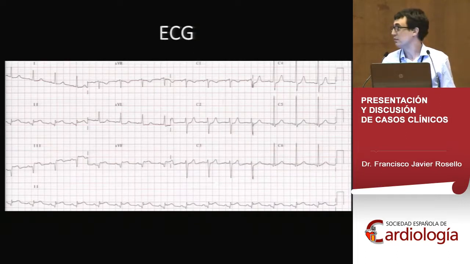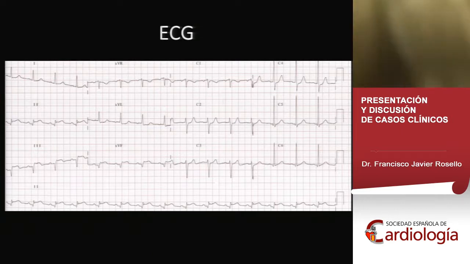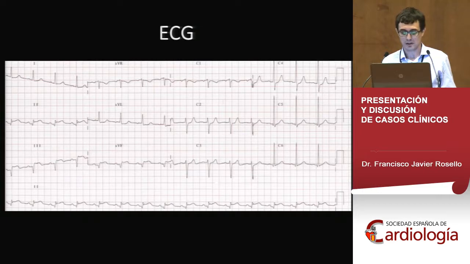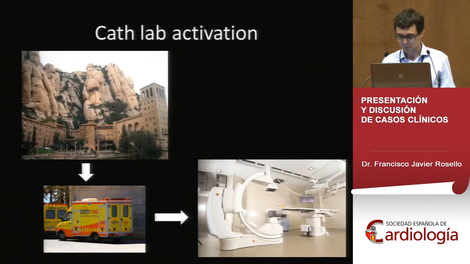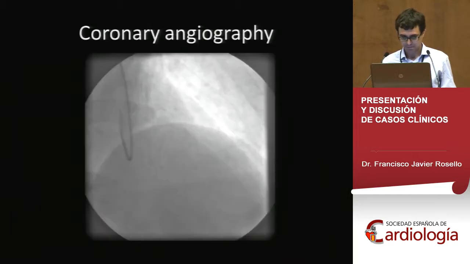This is the first ECG done by the ambulance assistants that showed an established Q wave with ST segment elevation, suggesting a subacute inferior myocardial infarction. For that reason, the patient was transferred from the monastery to the cath lab for primary PCI.